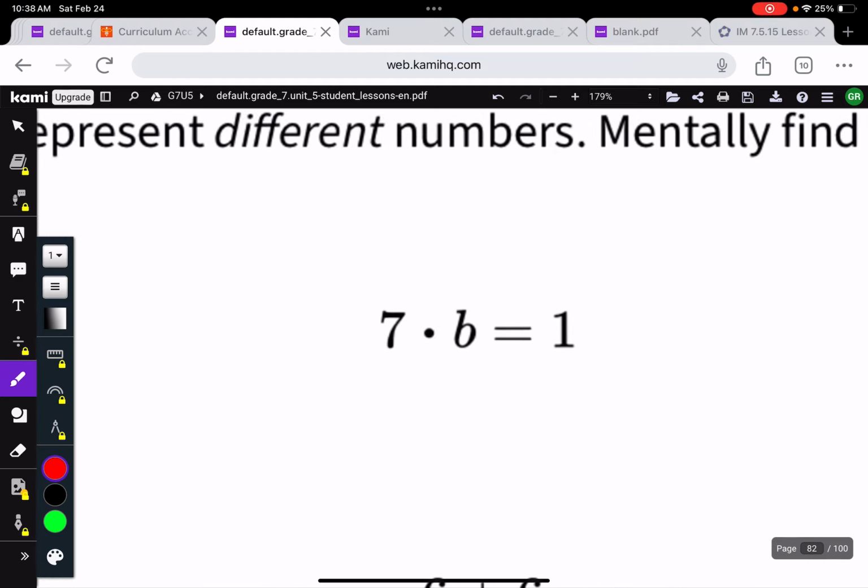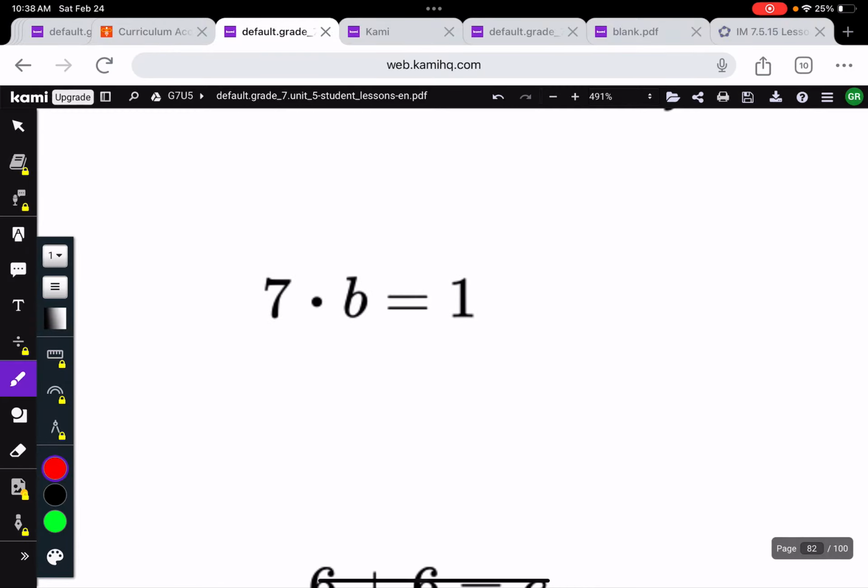Let's look at B. 7 times what is 1? Well, 7 times 1 is 7, so B can't be 1. So my guess is we need to think 7 times what is 1?